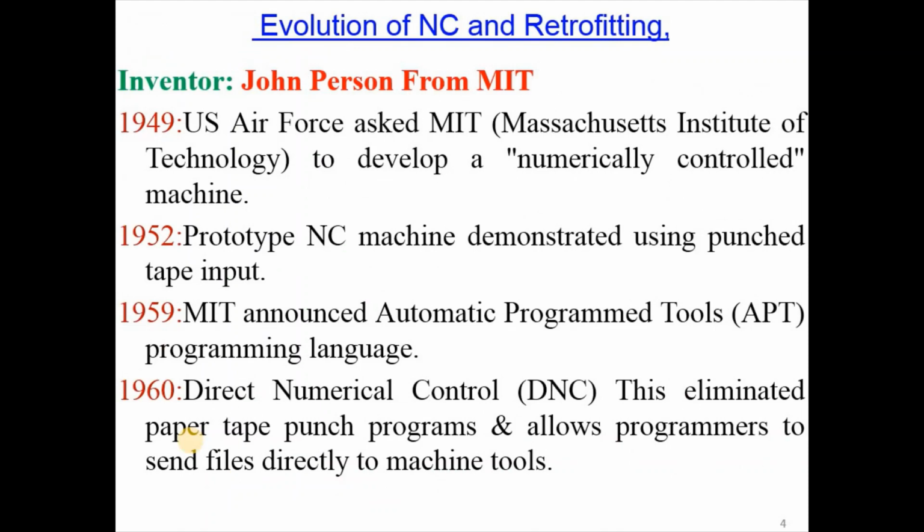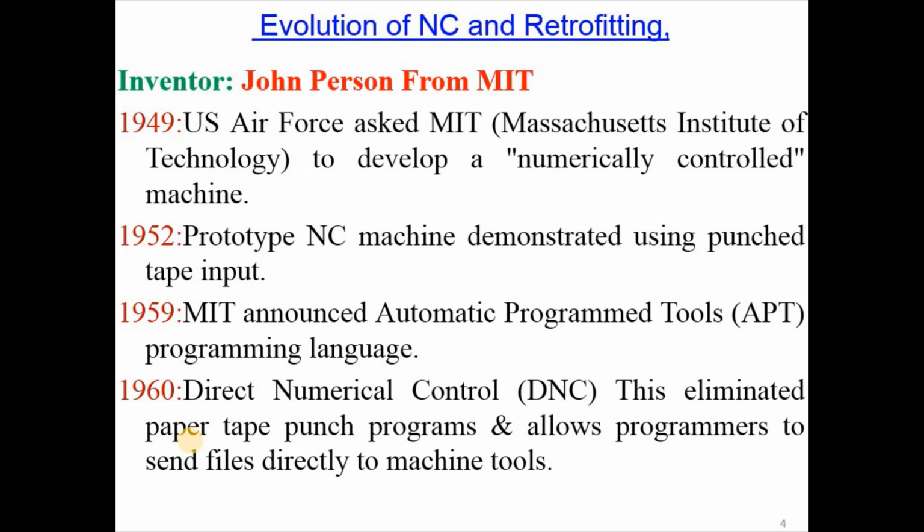So we will see the evolution of NC and retrofitting, how they invented and developed the NC machine system. The first inventor was John Parsons from MIT, the Massachusetts Institute of Technology. In 1949 the US Air Force asked MIT to develop a numerically controlled machine for their work. This is the first evolution.